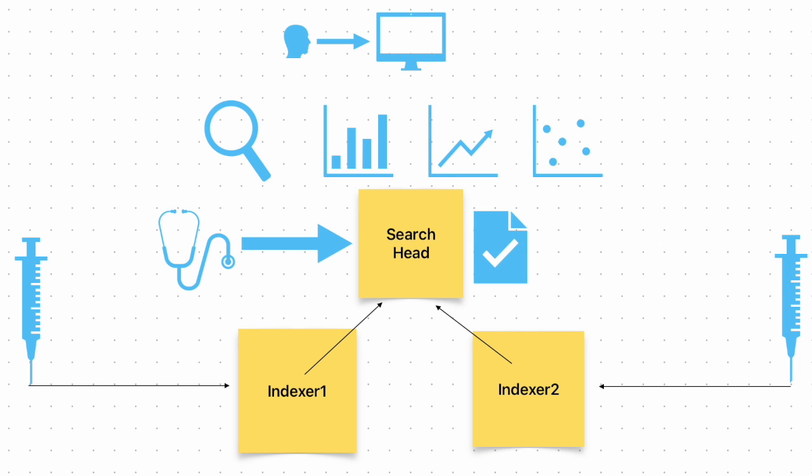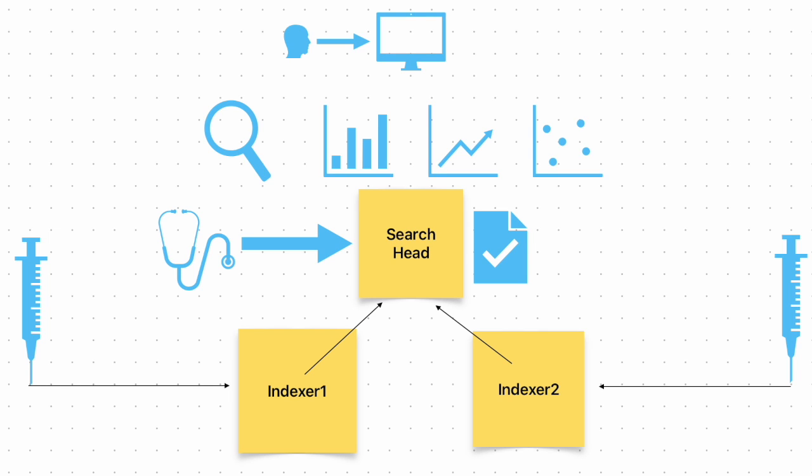Don't get confused between the distributed environment and the HA environment. A distributed environment can or cannot be HA, high availability, or cluster. When we talk about a cluster, the cluster is a distributed environment.